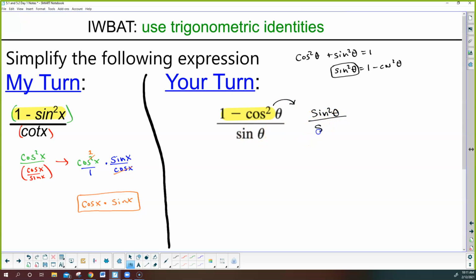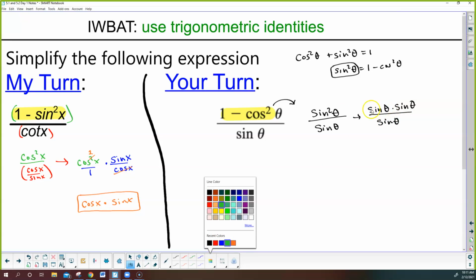And then the bottom stays. Now, we don't have to do anything tricky because I'm not dividing by a fraction like I did over here. But I've got a sine squared on top and a sine squared on bottom. Some students like to do this. I would do this part in my head. But I do want you to understand, what does sine squared mean? It means we have sine times sine up top. And that just might help you visualize why we can reduce out.